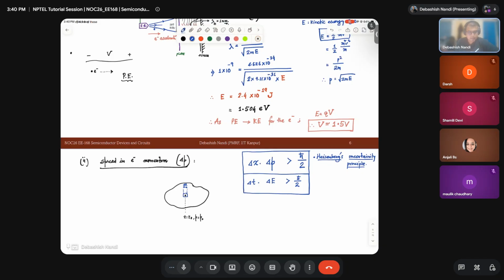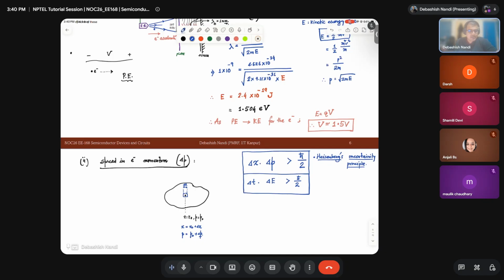And then there will be a possibility where this is at x0 plus delta x, let's say considering one side, otherwise it will be plus minus delta x. Similarly, the momentum of it is, let's say, p0 plus delta p. Okay, so I cannot measure exactly.